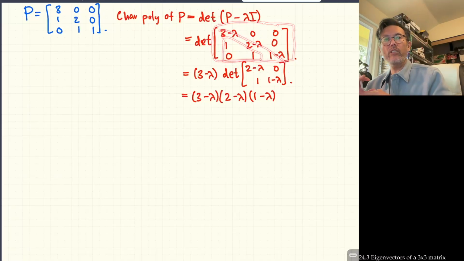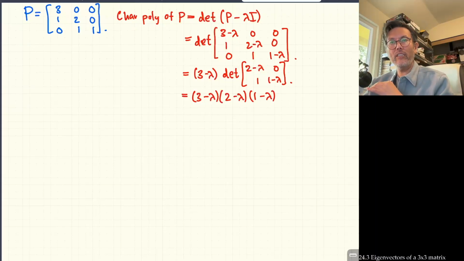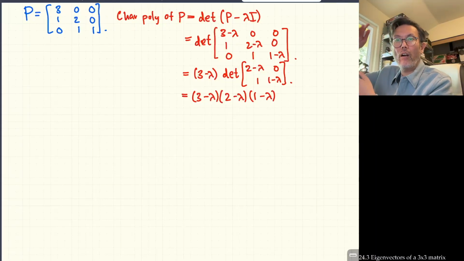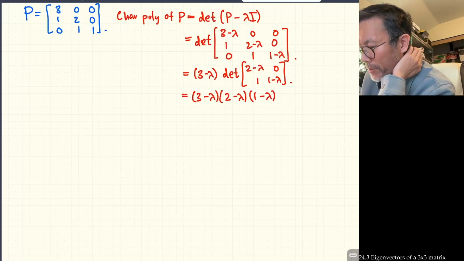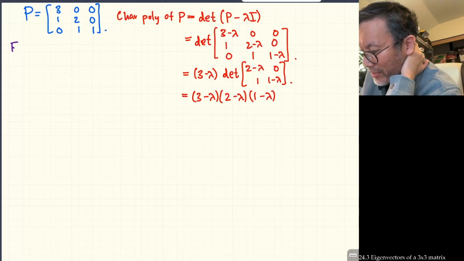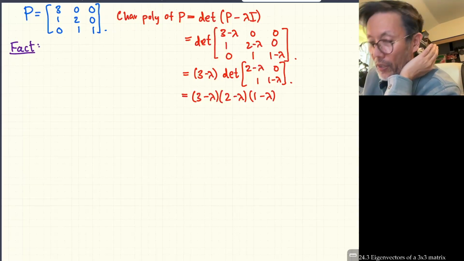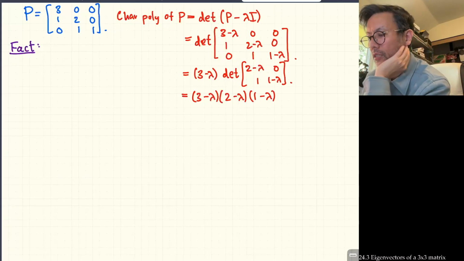There's also the notion of an upper triangular matrix where all the non-zero entries are either on the diagonal or above it, okay? But there is a fact that I'm happy to state for you and that you can use in your life.